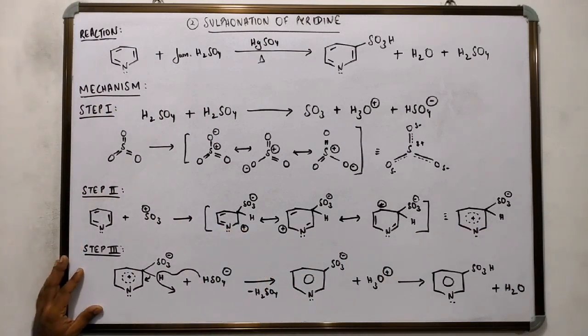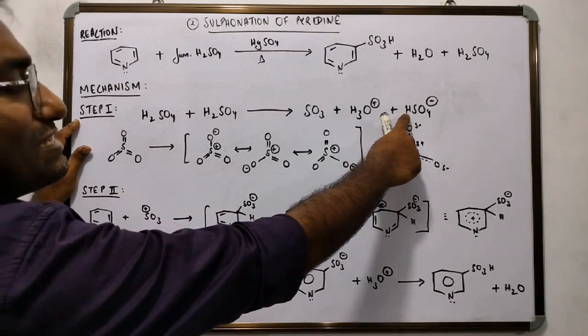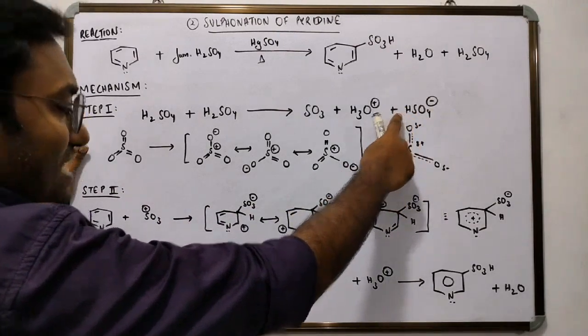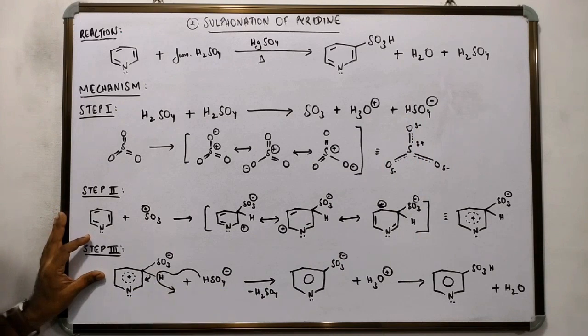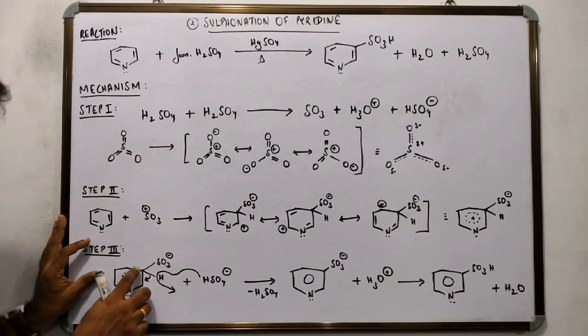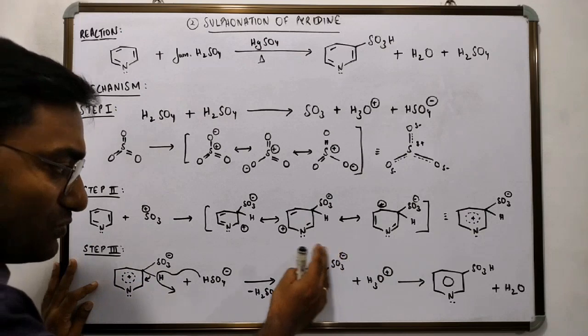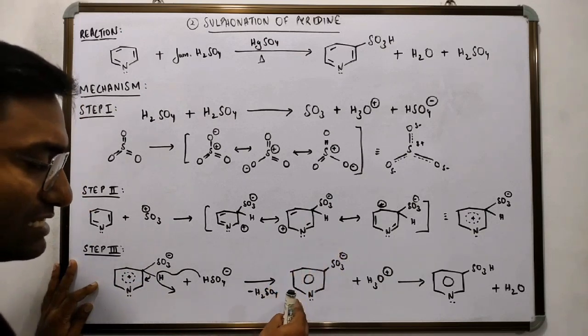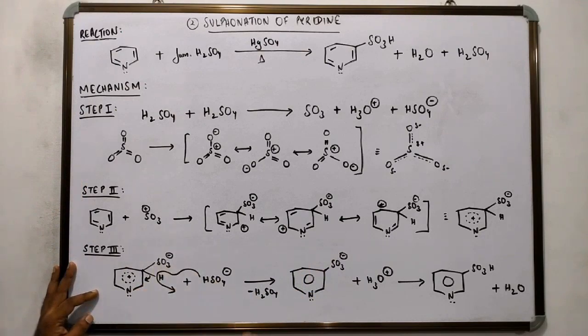In step number 3, the HSO4- that was released in step number 1 acts as a mild base and knocks out a proton from position number 3. At the same time, the electron pair that the pyridine ring shared with that proton is pulled inside, and thus the neutrality as well as resonance of the pyridine ring is restored as it was in the beginning.